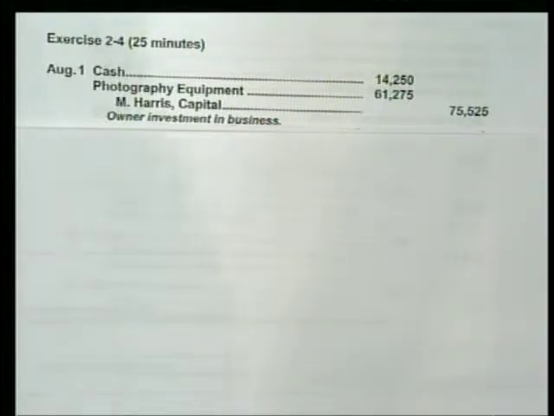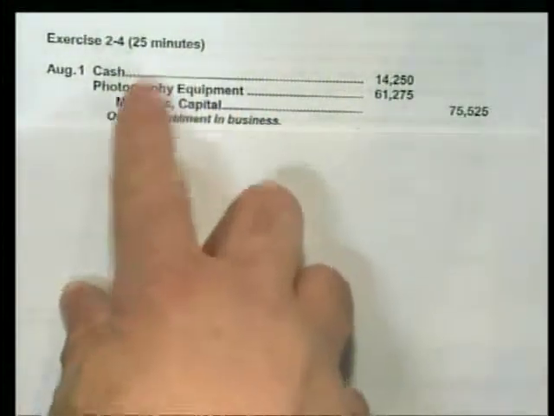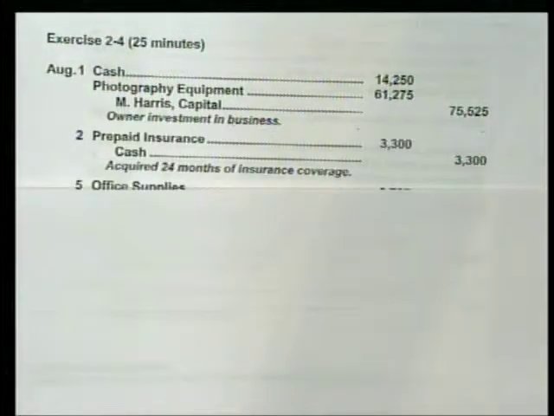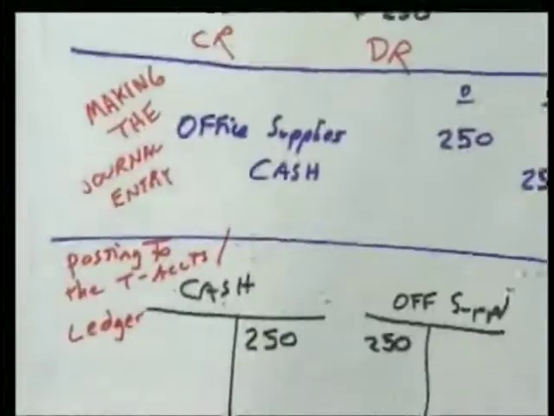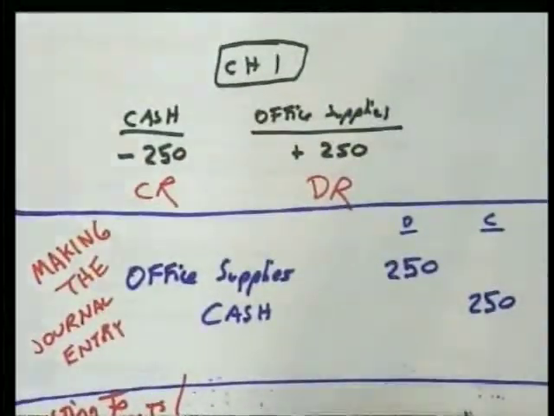Now, the reason I want you to do that is you might be able to just do that simple memorization for a while of what the very limited journal entries we're doing look like, but it's going to get to the point where that's going to be too difficult. What I would recommend for you, or for anybody who's having that trouble, is to go ahead and do it this slow way.